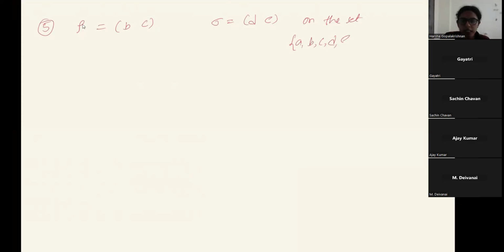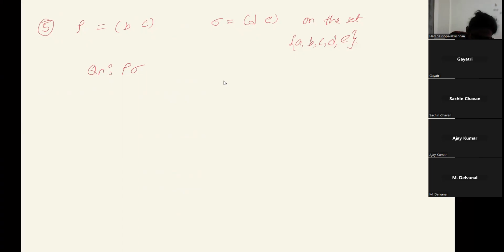So the permutation rho is given as (B C). What does that mean? B is mapped to C and C is mapped to B. And sigma means (D E). That means D is mapped to E and E is mapped to D. The question is, what is rho sigma? Rho sigma means rho composite sigma.